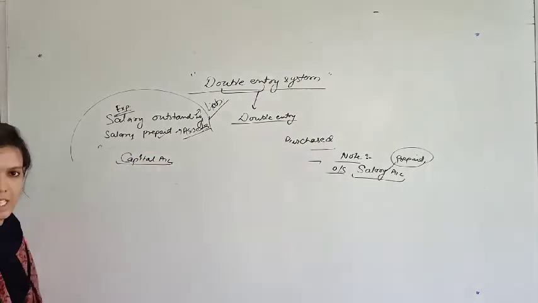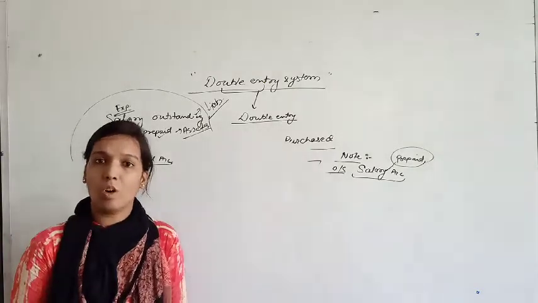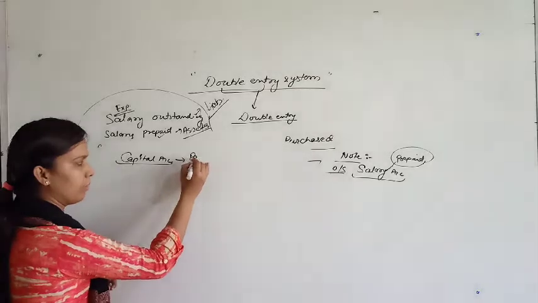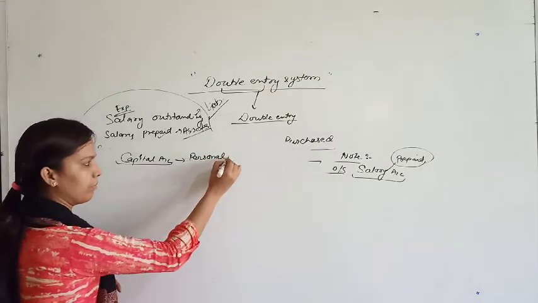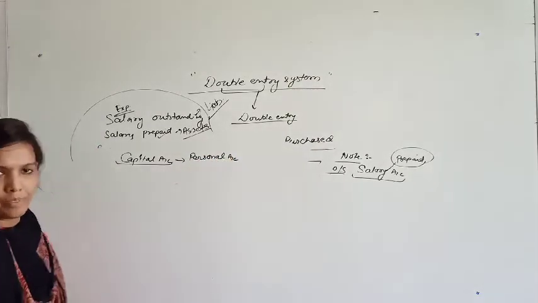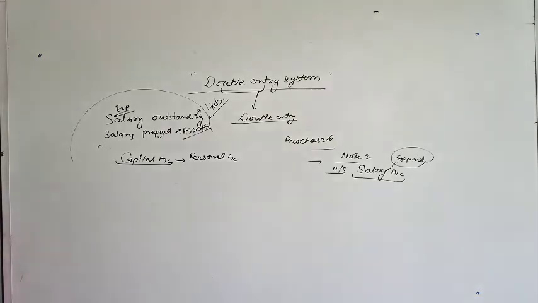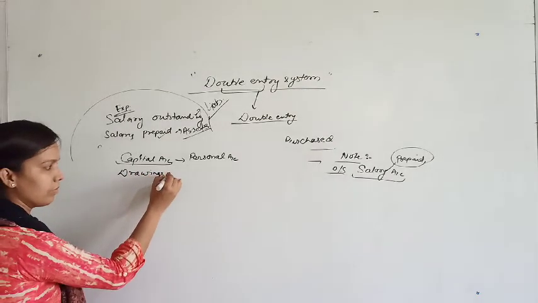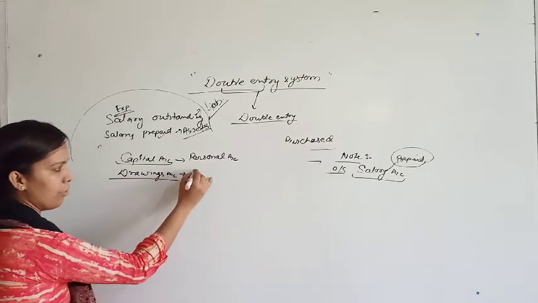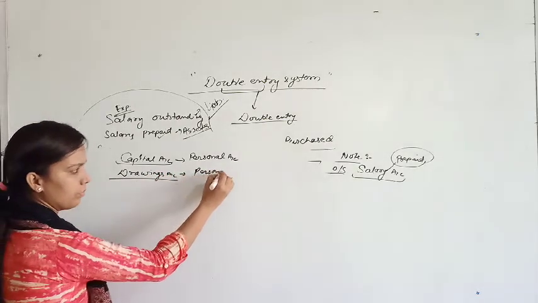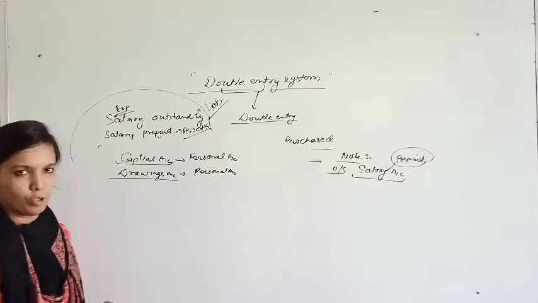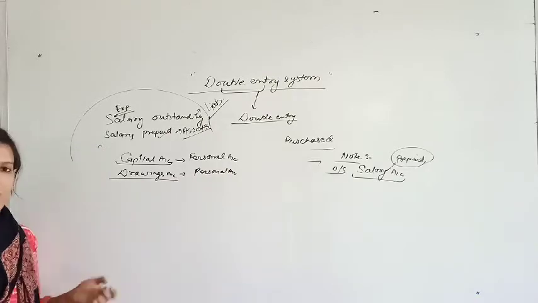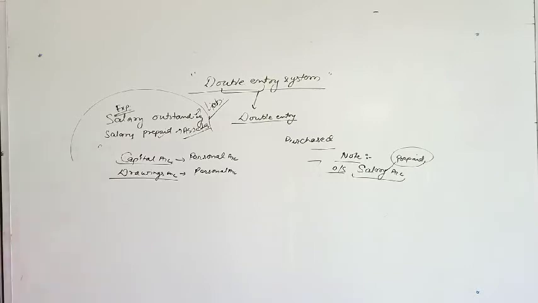Capital account is which type of account? Personal, real or nominal? Capital account will be termed as personal account. Let's take the second example, drawings. Drawings are also personal account because these all are related to proprietor. And proprietor is personal, so these are also termed as personal account.